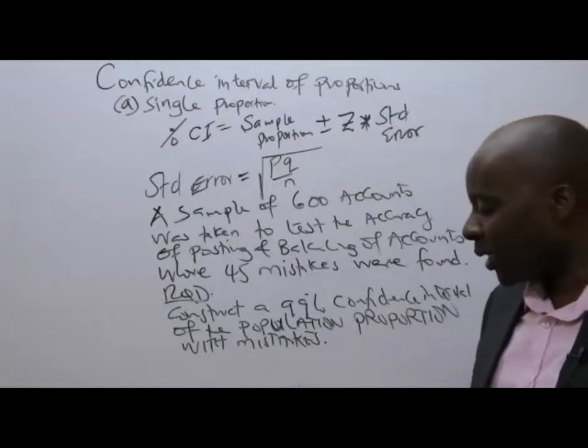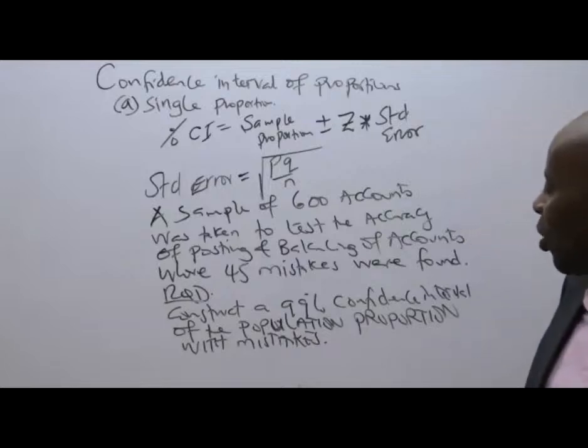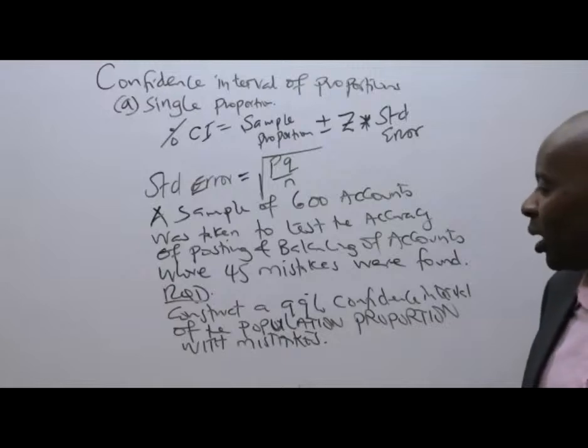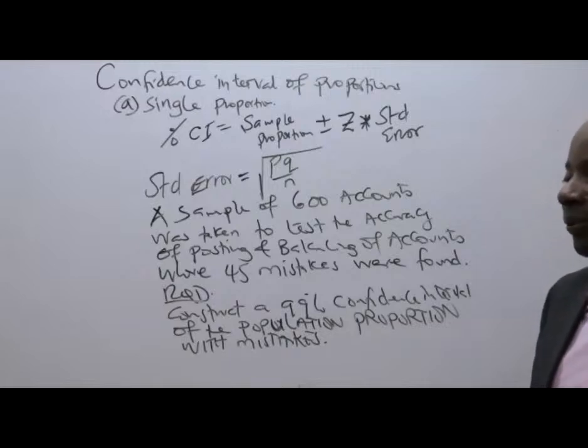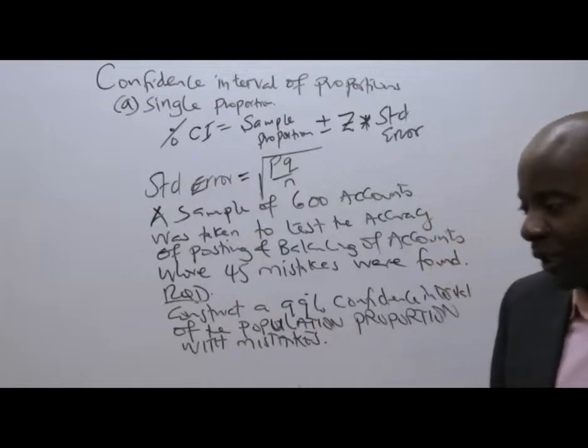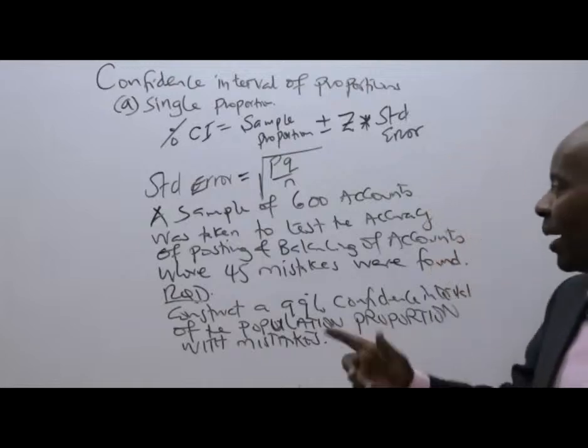So construct a 95% confidence interval of the population proportion with mistakes. Okay, I can see good questions over there. I'll go back there, don't worry.